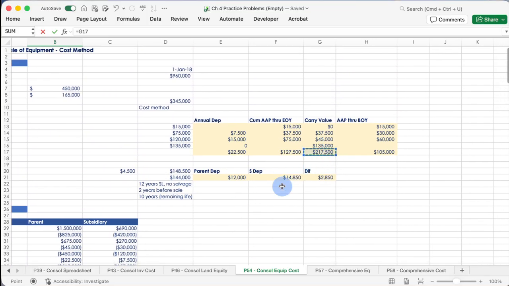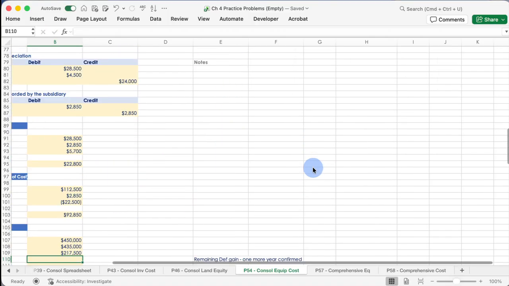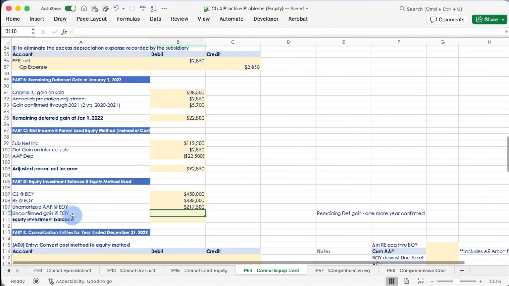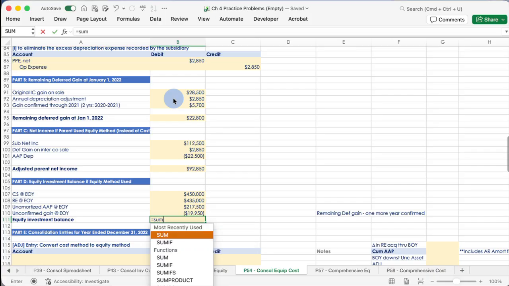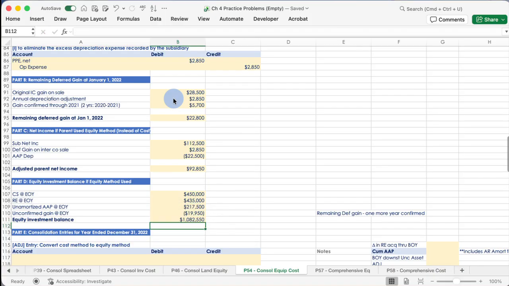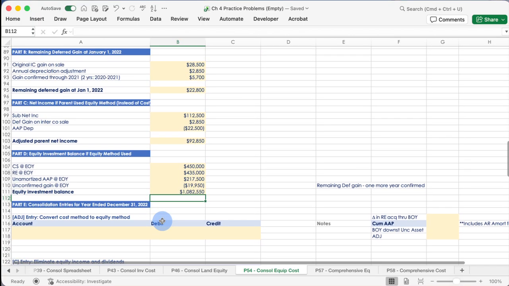This carrying value, the $217,500, and then finally, we need to subtract out the unconfirmed gain. But keep in mind, this is at end of year. So previously, we had identified 22,800 as unconfirmed at beginning of year. So that means we need to take that number and subtract out one more year that has now been confirmed. And then we'll do our sum. And we have 1,082,550. So we've answered those questions.